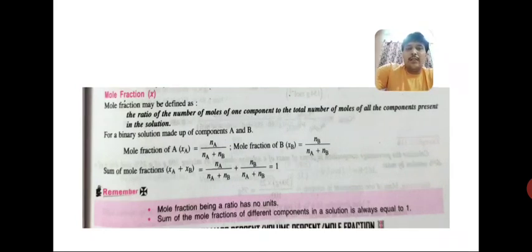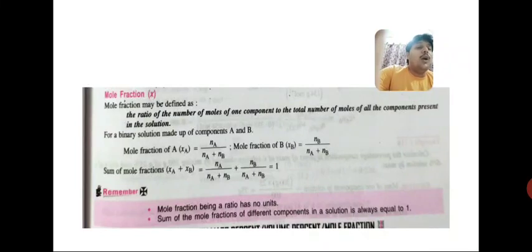Let us see, suppose a binary solution made up of components A and B, right? And suppose Na represents the moles of A and Nb represents the moles of B, then what is the mole fraction of A? If we express the mole fraction of A by XA, then XA equals Na upon Na plus Nb, and the mole fraction of B is Nb upon Na plus Nb.